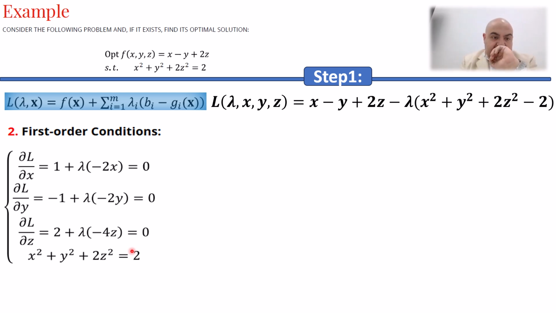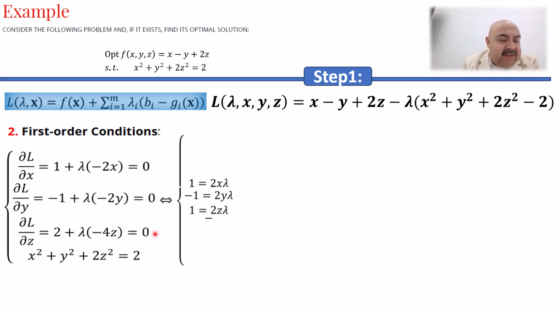Okay, let's try to work out these 3 equations together in order to get our stationary points. And this is really very simple. All I have to do is to just try to get lambda from each, so it's going to be negative 2 lambda x equal to 1, which leads to 1 equal to x lambda.